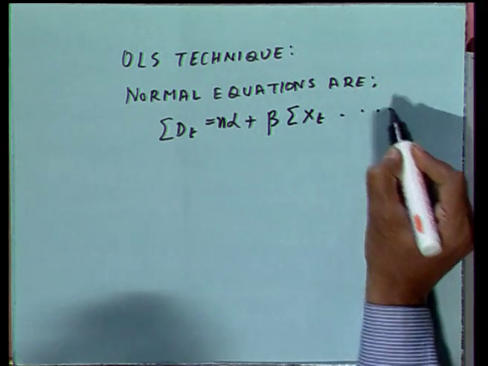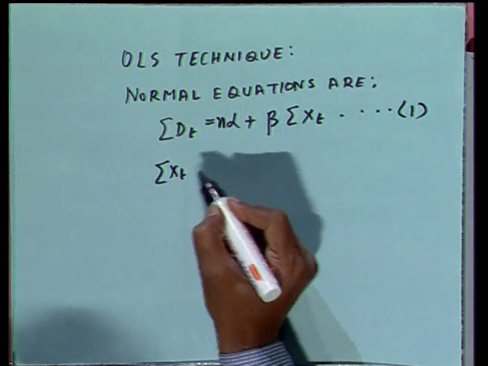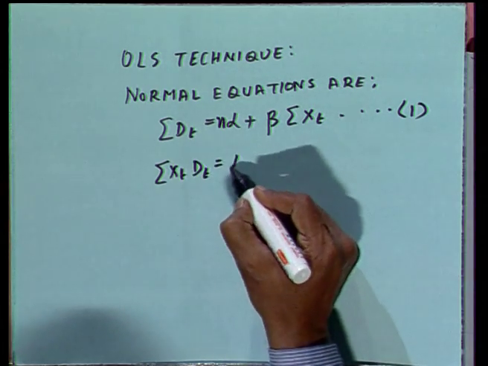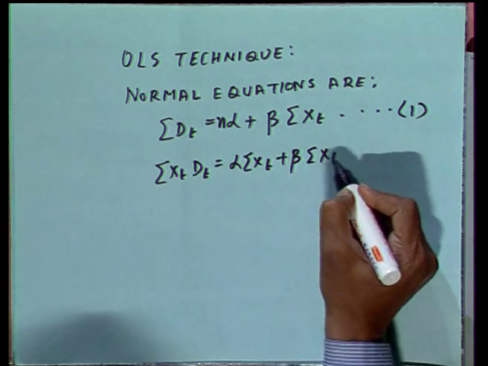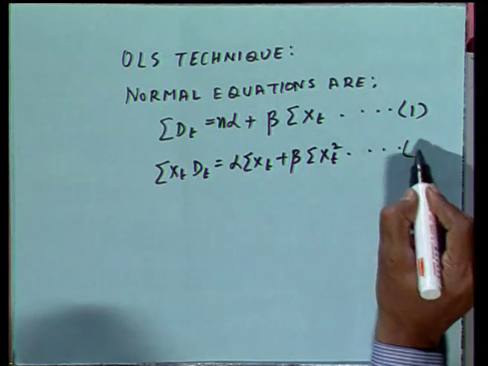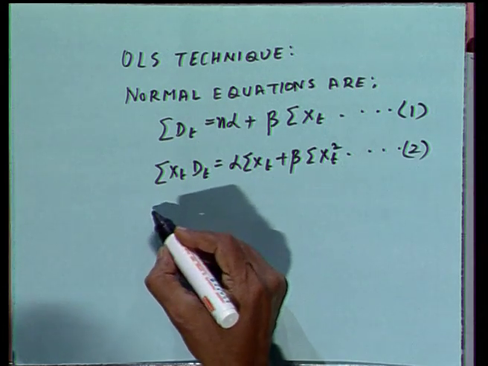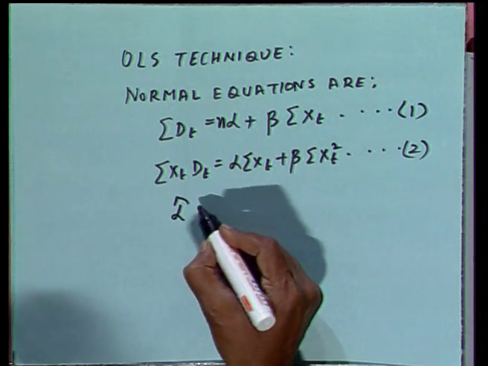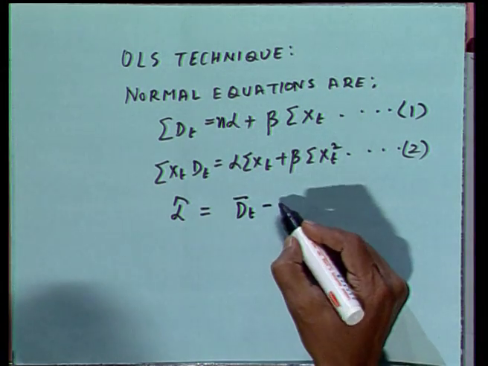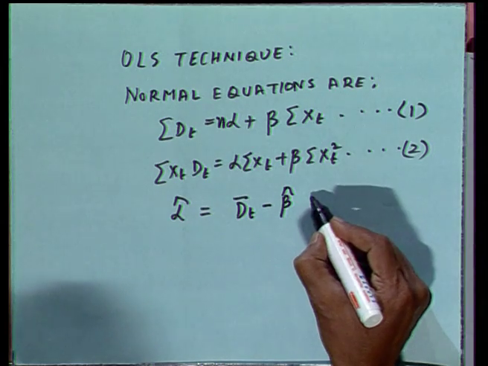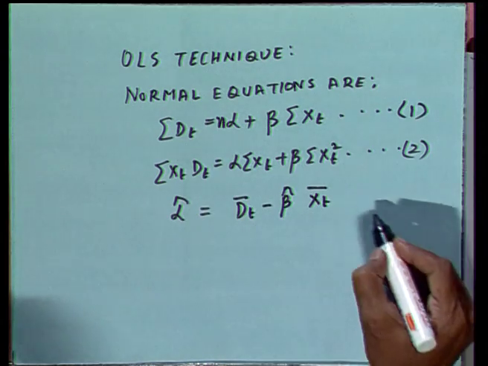This is the first normal equation. The second normal equation is sigma xt dt = alpha sigma xt + beta sigma xt square. That is the second normal equation. Now, solving the two simultaneous equations, we get the estimated value of alpha as alpha hat = dt bar minus beta hat into xt bar, that is the first estimator.